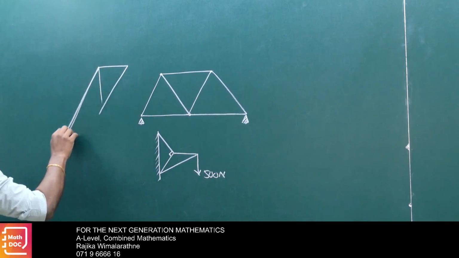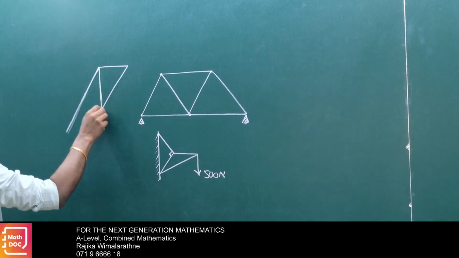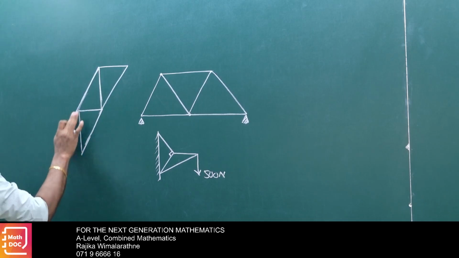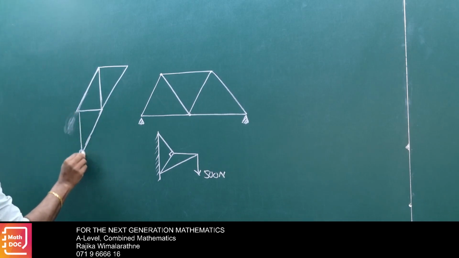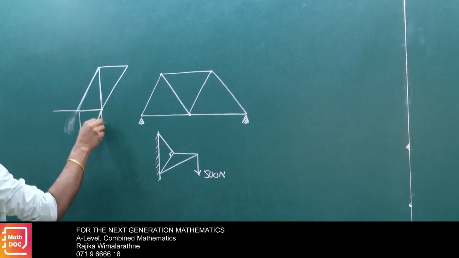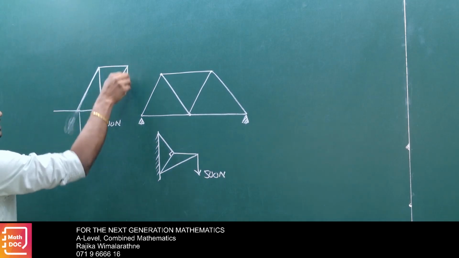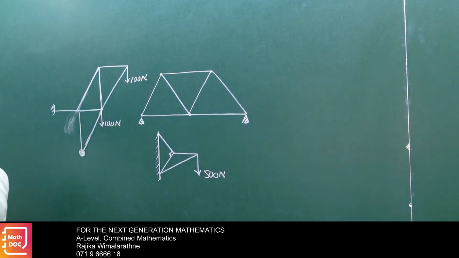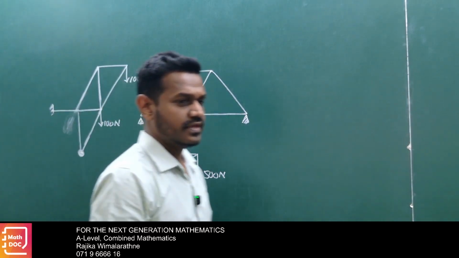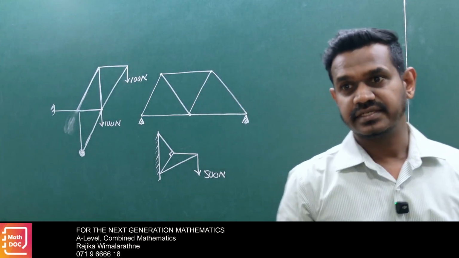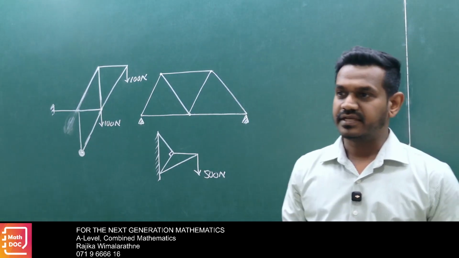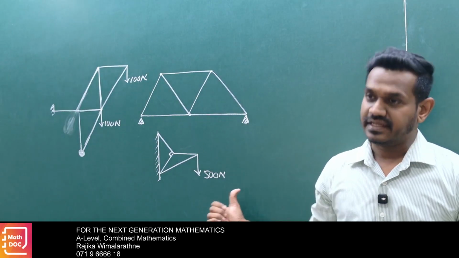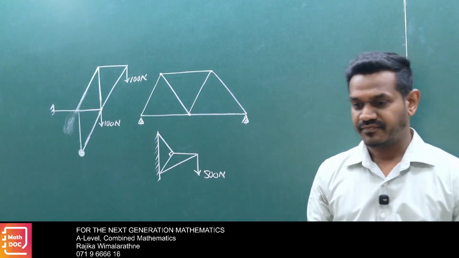Here is another framework, with 100 Newton. Here is another framework. Just sketch them. Those are what we call frameworks. The special property is that all are light rods connected at their ends. Then we call them frameworks.